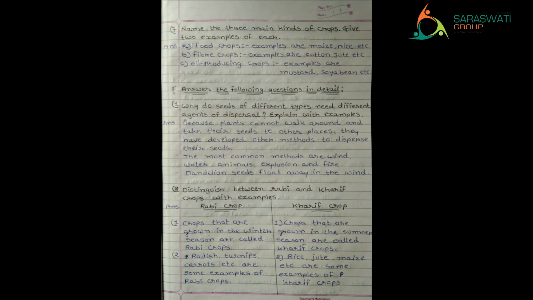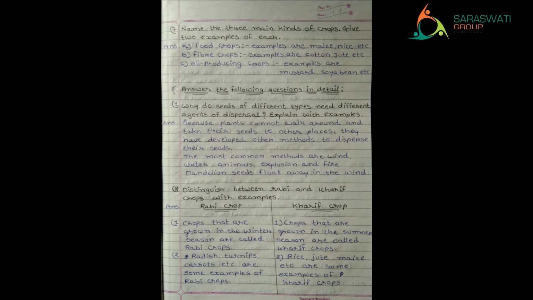Read the second point. The most common methods are wind, water, animals, explosion and fire, right? Just because they can't walk on their own, so they have a different method for seed dispersal, like the seed can be dispersed by wind, by water, by animals, by explosion or maybe by fire, right?